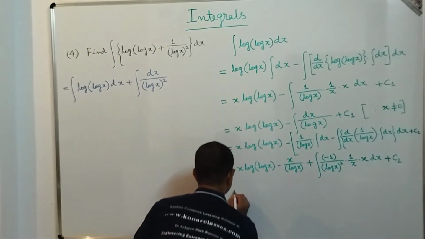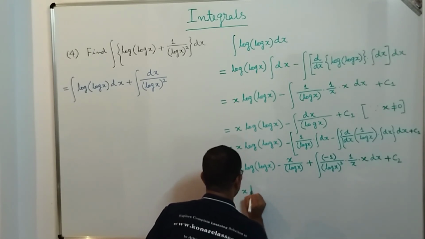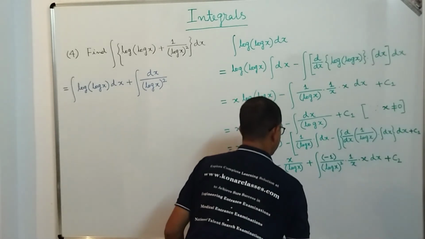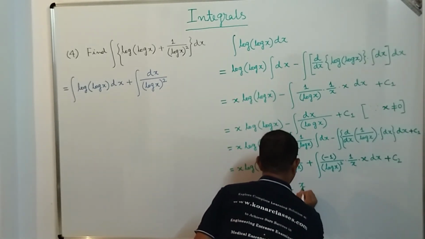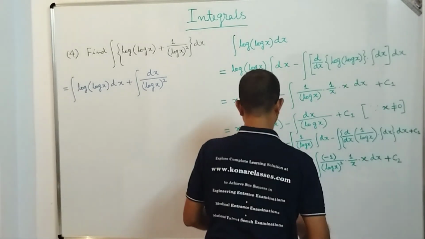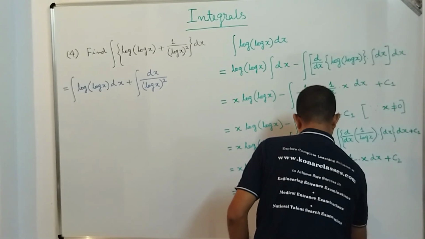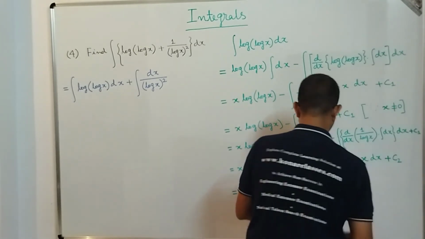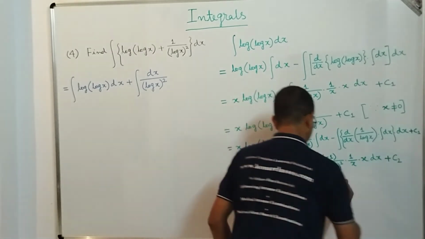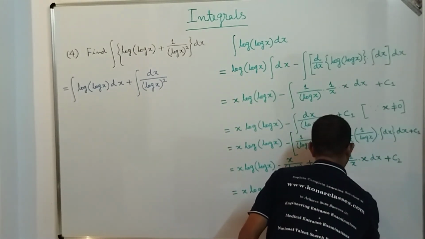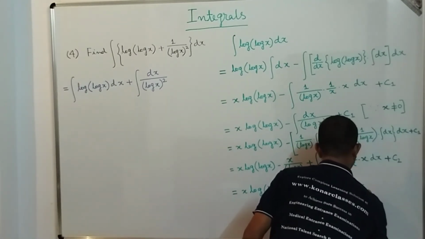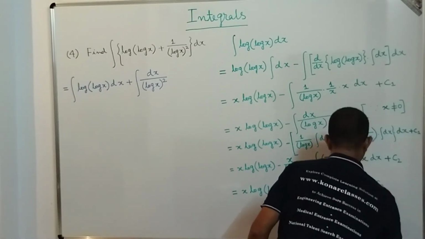So this is equal to, we get x log x minus x by log x, okay, minus integration, x and x got cancelled, so what we get, minus dx by log x whole square, minus dx by log x whole square plus C2.